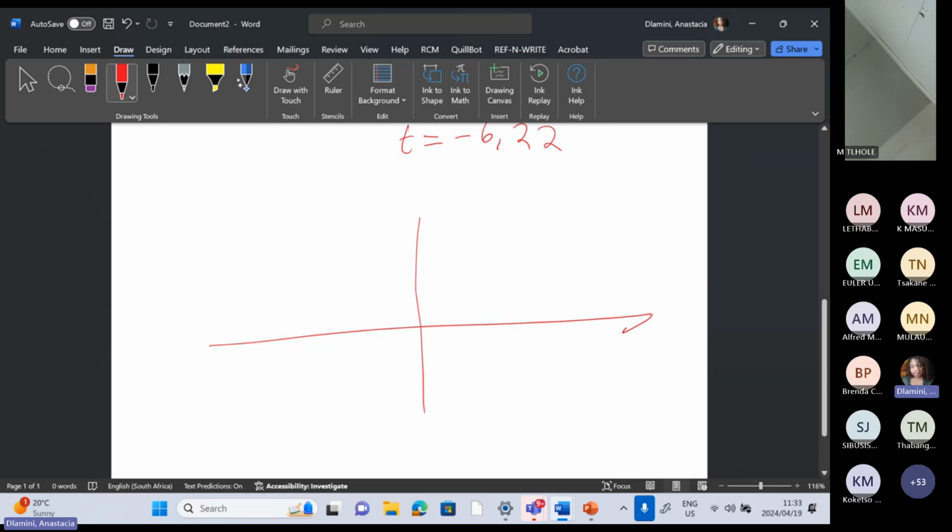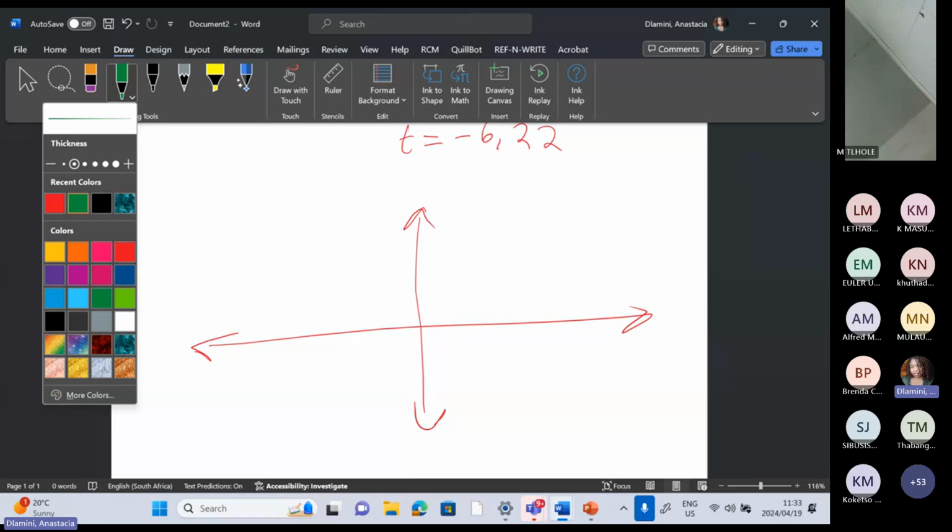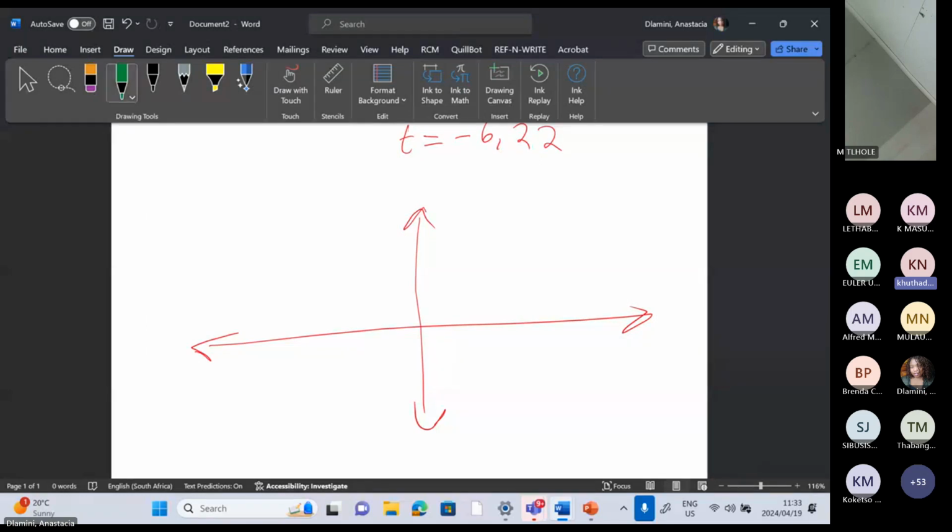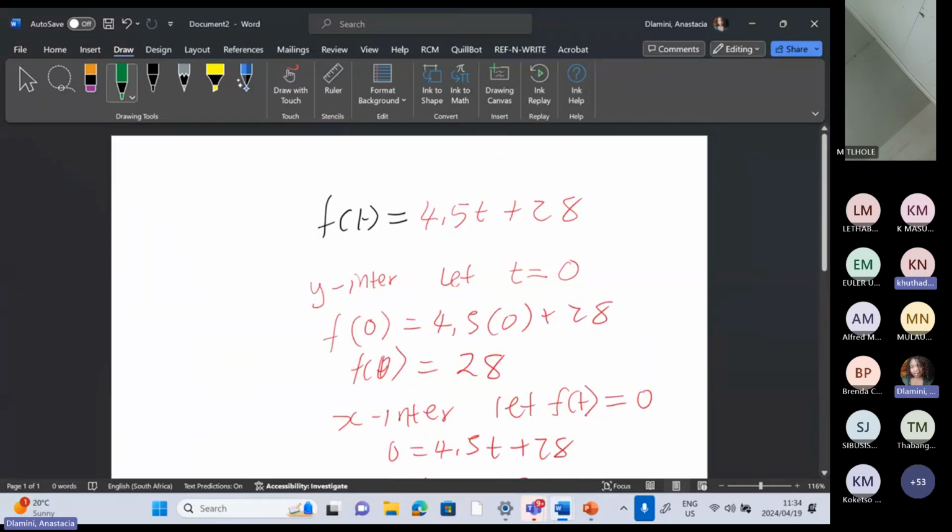So you're saying that the y-intercept. Ma'am, can I ask something? Yes, there's a burning question. I just want to ask, since we're not allowed to use a calculator, if I leave the answer as it is without dividing to get 6.22, is that okay? In most cases in the exam, I give you questions where you don't need the calculator. You can't say you don't know what 30 divided by 5 is.